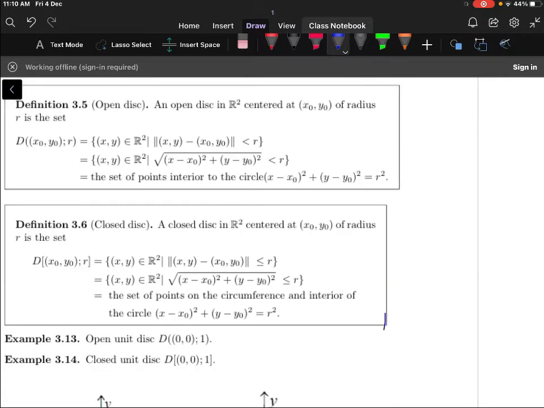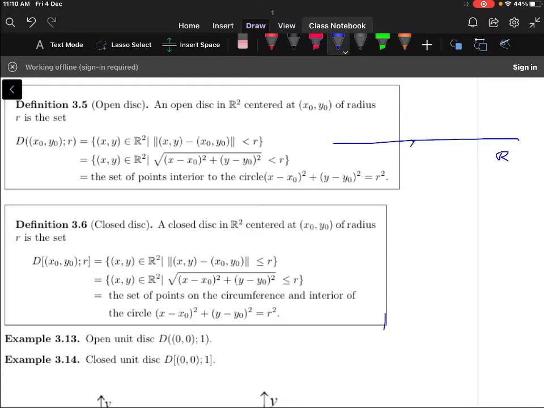So now let us move to the open disk. Before defining open disk, let us define the open interval. Let us write the real line, that is R is a real line.